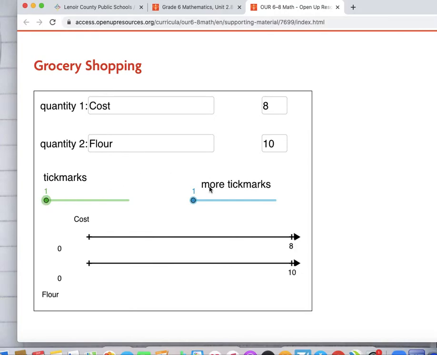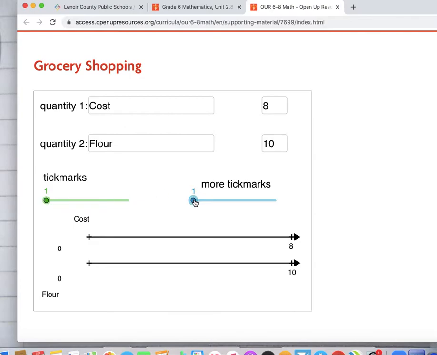Okay. 10 pounds of flour is $8. How much is 40 pounds going to be? Well, don't I need to add some more here? 10. 40 pounds is $32.